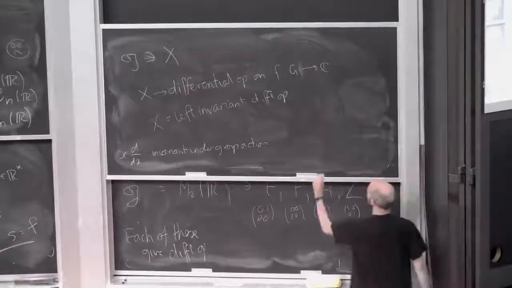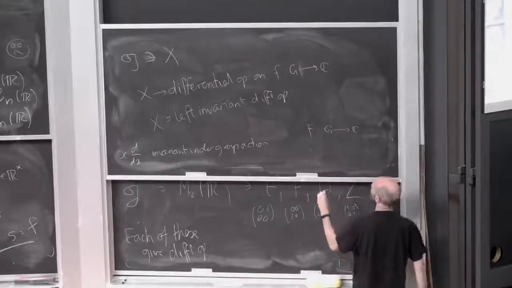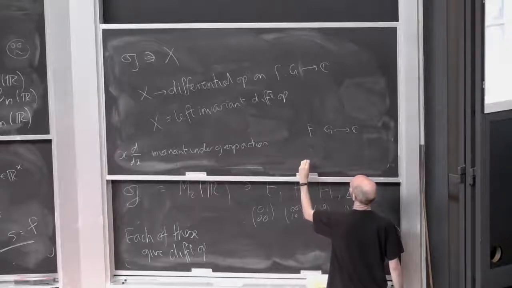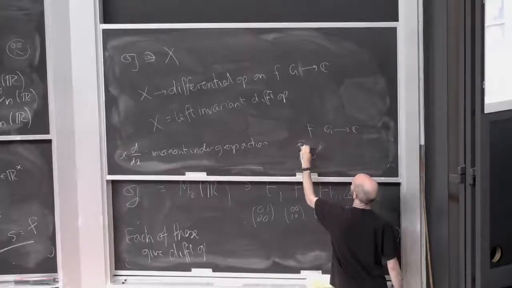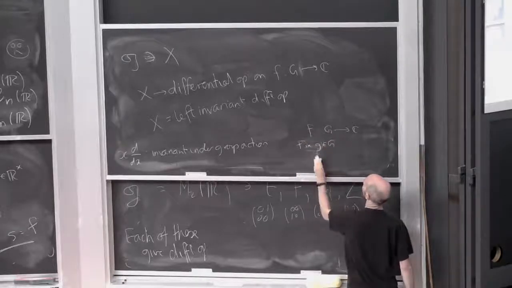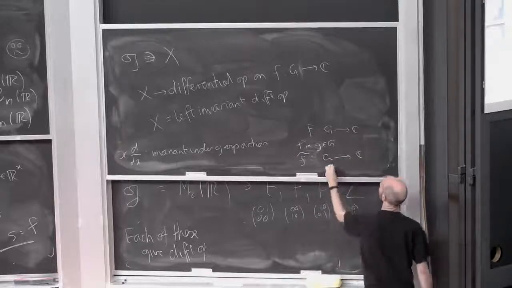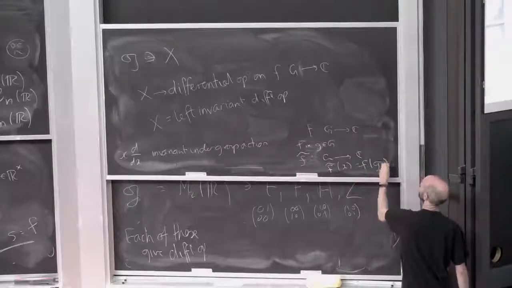So let's say I've got F from G to C, okay? And now why don't I define a new F, F tilde? Why don't I fix little g in G, and define F tilde from G to C by F tilde of x is F of gx.